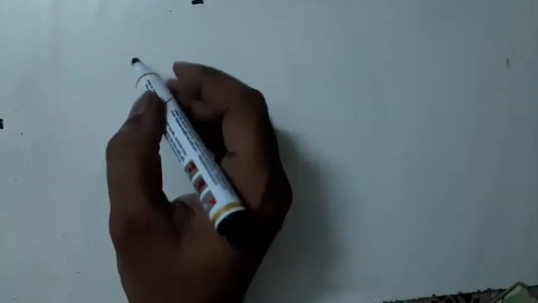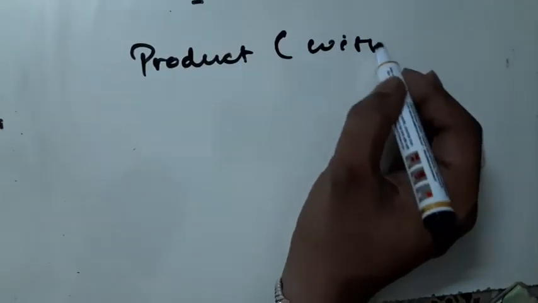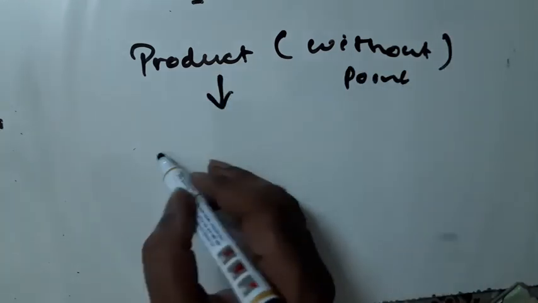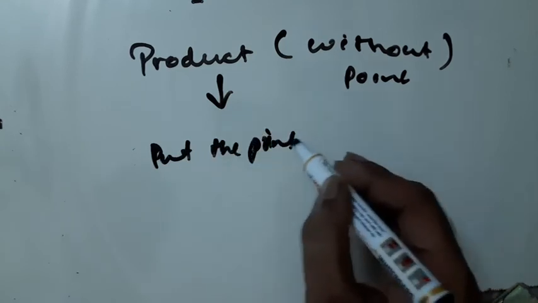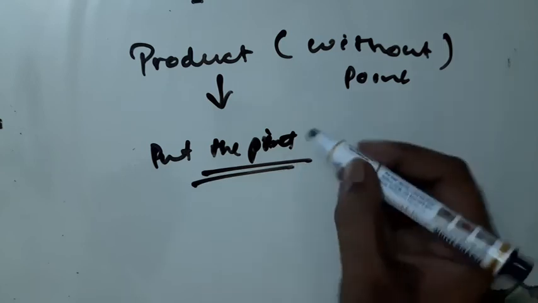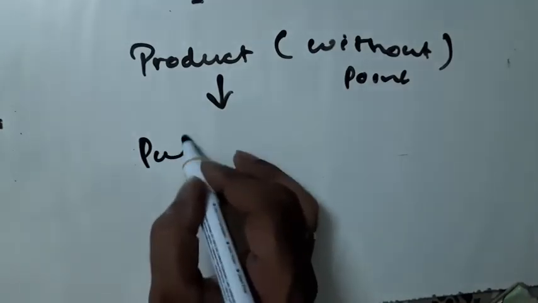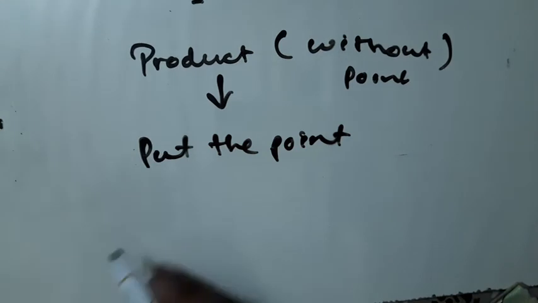In this way we can perform the multiplication of a decimal number by any decimal number. It can be 2 decimals or 3 or 4, whatever it may be. The only thing is, first you have to find the product without the point. After getting the product, put the point. How to put the point?